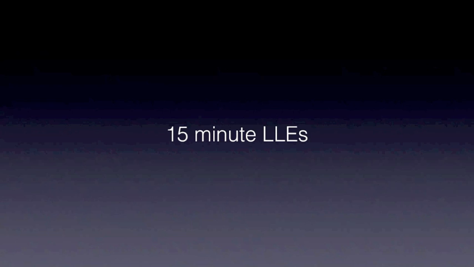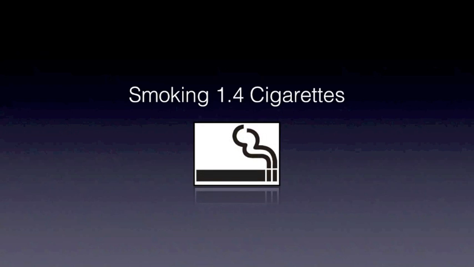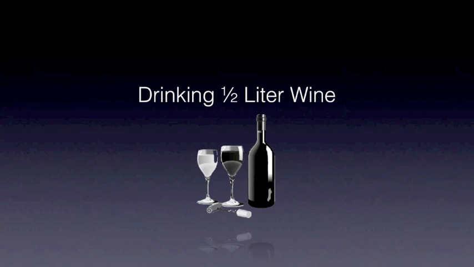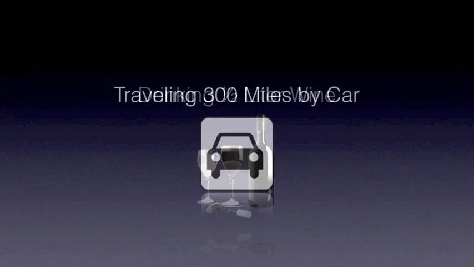So I want to go through a few things that cost us 15 minutes of LLE, and first, of course, if we smoke cigarettes, and if you just smoke 1.4 cigarettes, that's worth about 15 minutes of LLE. Drinking half a liter of wine will cost 15 minutes of LLE.